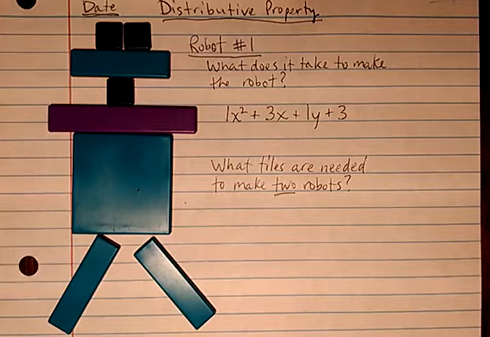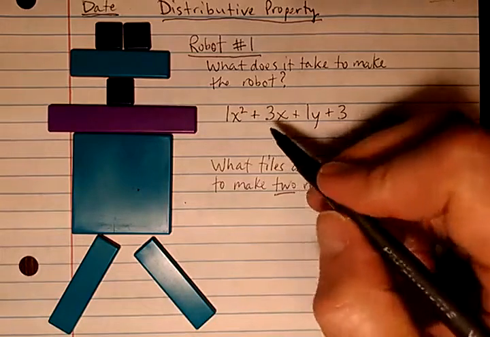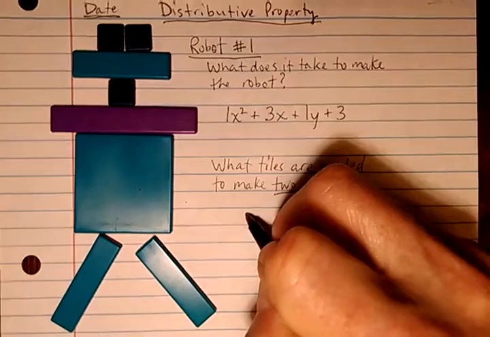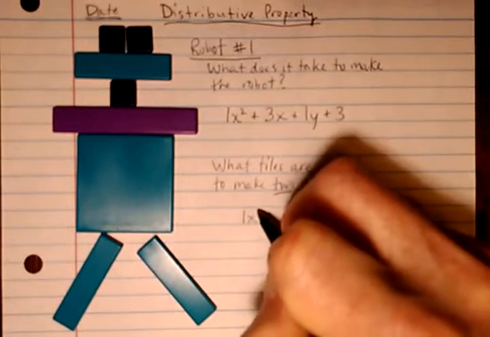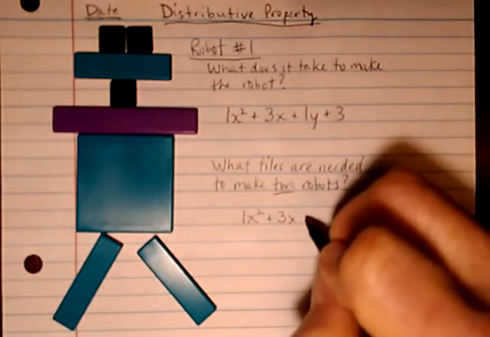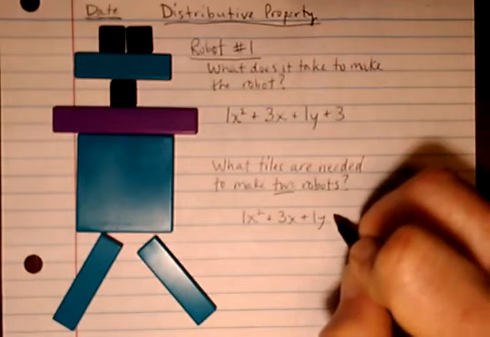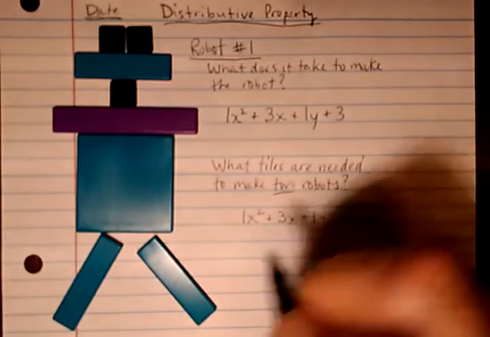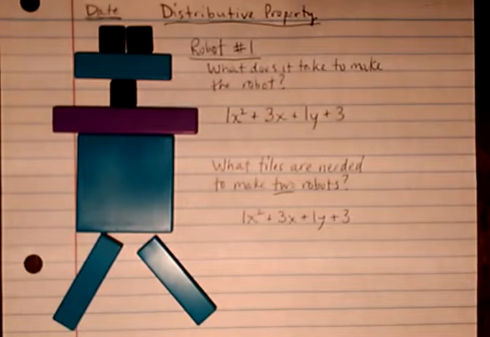Instead of going ahead and making another one with tiles, we're just going to figure out what we need by using the distributive property. We know that to make 1 robot, we need 1 X squared. We need 3 X tiles. We also need 1 Y tile. And we need 3 of the little ones.